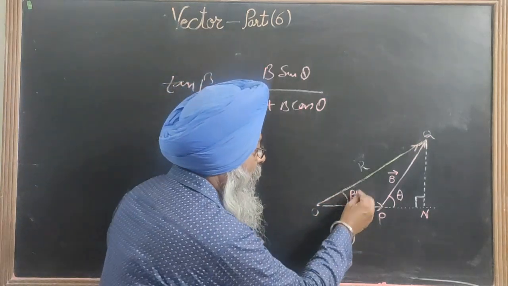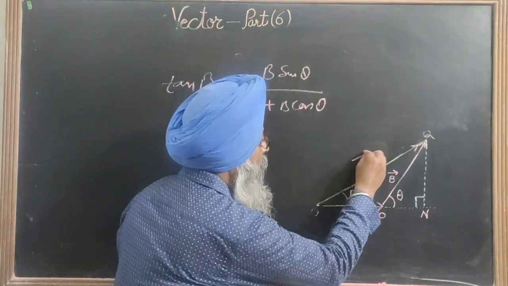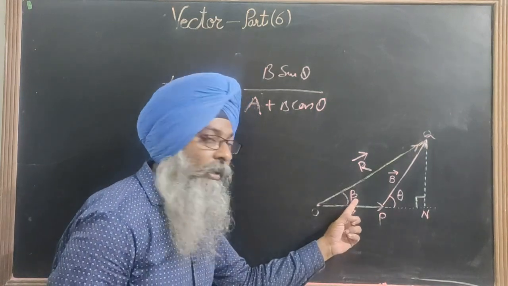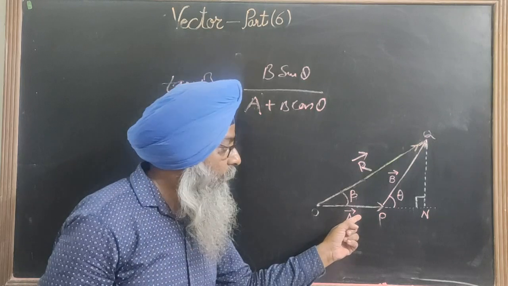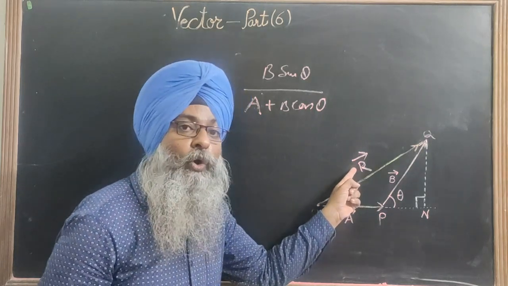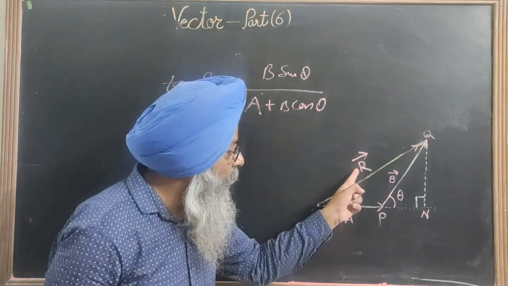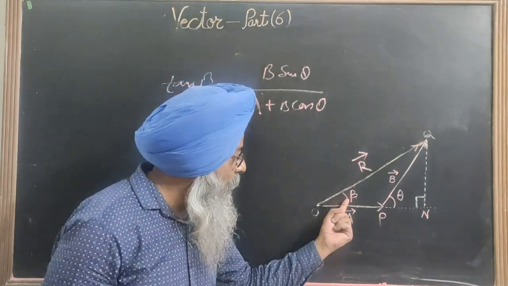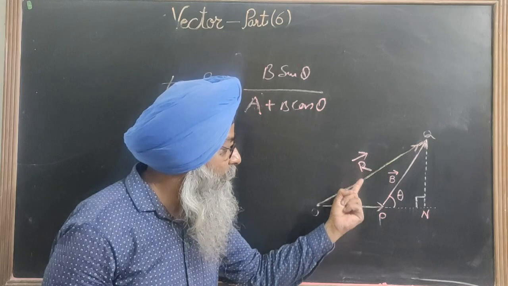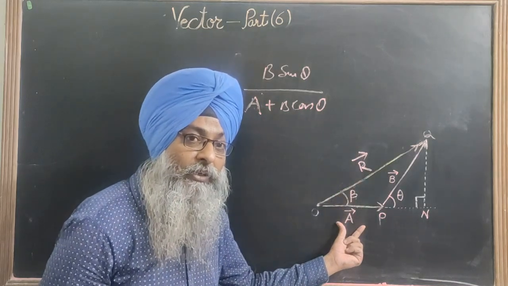Beta is the angle which the resultant makes with A. ध्यान देना, बीटा वो एंगल है जो रिजल्टेंट ने A के साथ बनाया. Clear? Beta is the angle which the resultant vector makes with A.